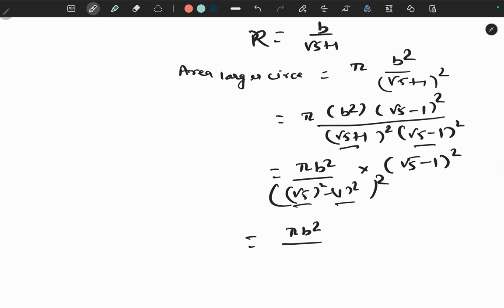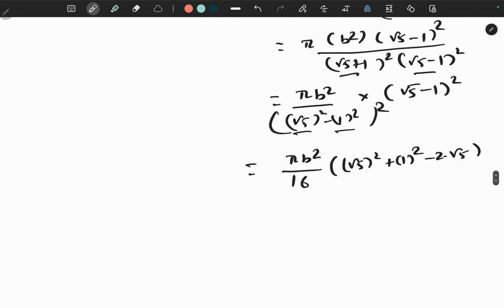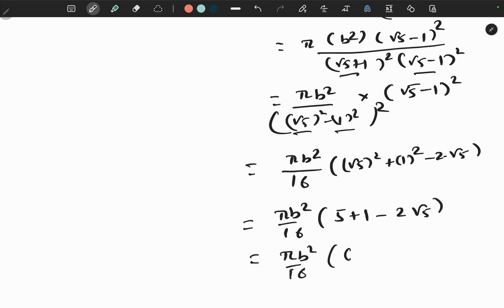I get root 5 whole square is 5, minus 1 is 4, 4 whole square is 16, and the numerator is root 5 whole square plus 1 square minus 2 root 5. So this becomes pi b square by 16, 5 plus 1 minus 2 root 5, which is pi b square by 16, 6 minus 2 root 5. This is my area of the larger circle.